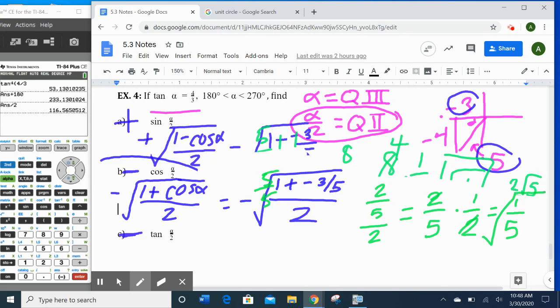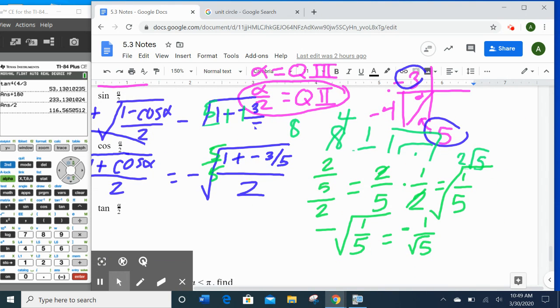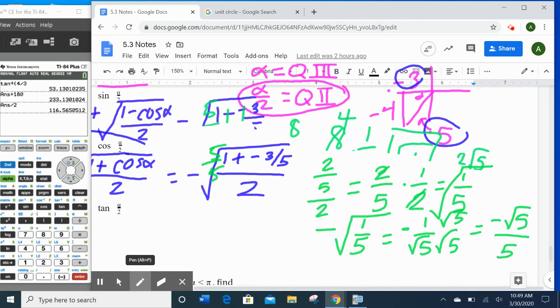So let's see, negative square root of 1/5 might be an okay answer. They might take the square root of the numerator and the denominator, 1 over √5, and it is negative. So when I multiply by root 5 over root 5, I would get negative root 5 over 5 for the answer to the cosine of alpha over 2.